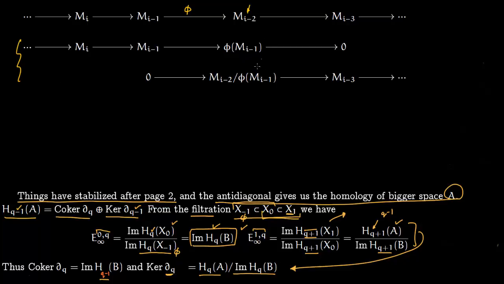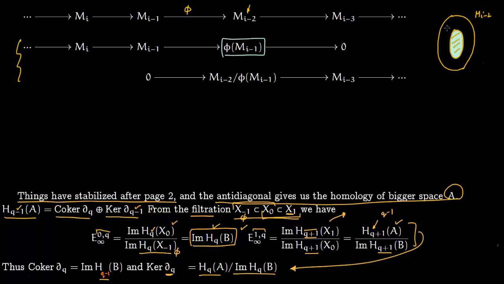So you can see this pictorially. Say that your module is given like this. So this is your M_{i-2}. You apply phi to it, and inside it sits M_{i-1}. This is precisely the image of M_{i-1}. This you can call phi of M_{i-1}, this green portion. And if you modulo this out, what you get is this portion.